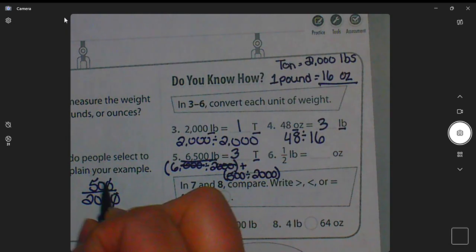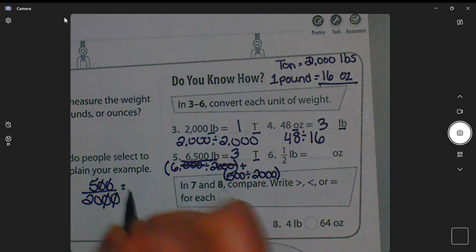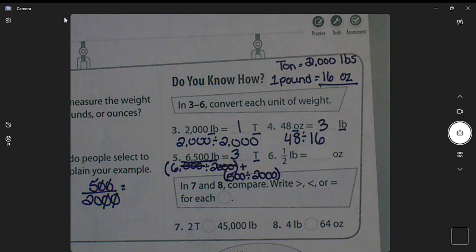So I'm out of zeros. I have to stop. So 5/20. Can 5/20 reduce down? Yes, it can. What number can 5 and 20 both divide by? Oh, you are so smart.